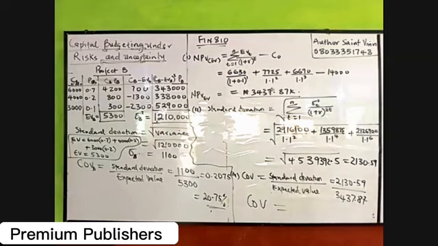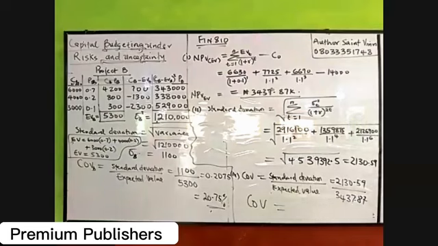We discover that project A has 13 point something percent, while project B has 20 or 21%. That means the one with a lower COV has lesser risk. Therefore, implement project A.